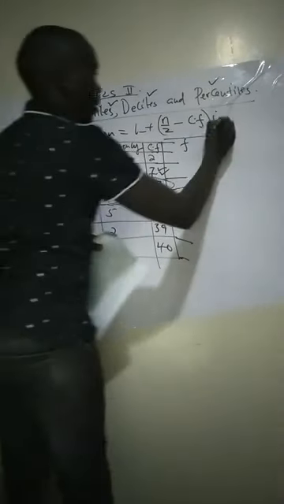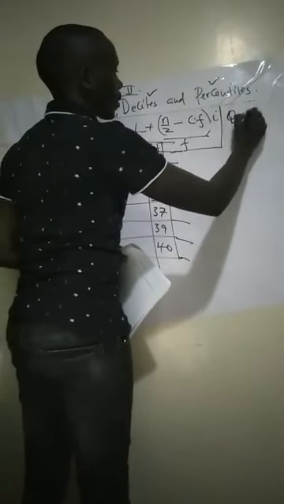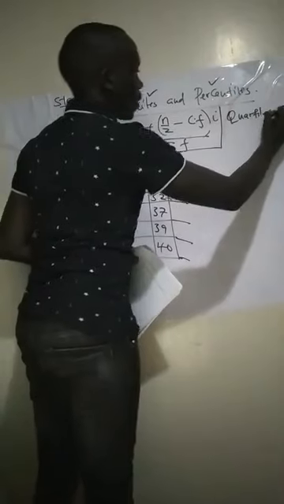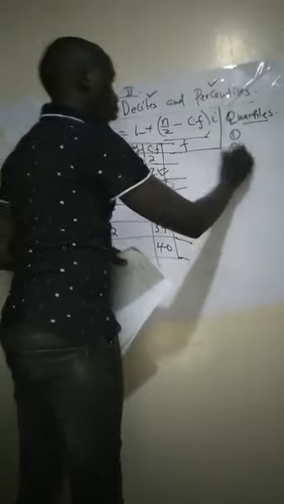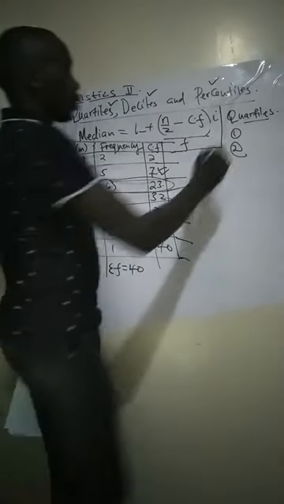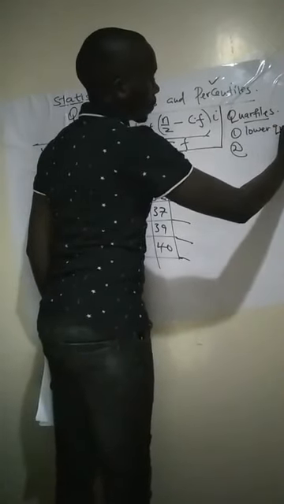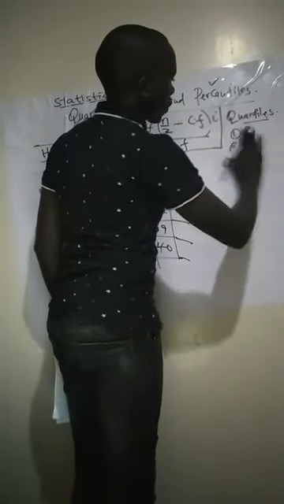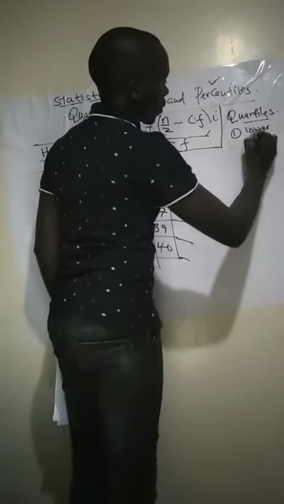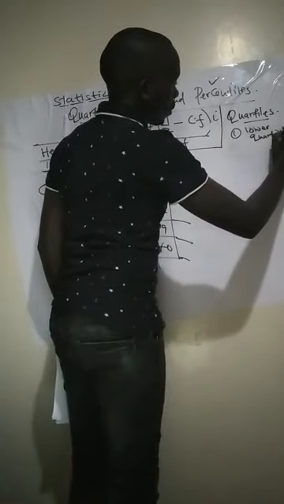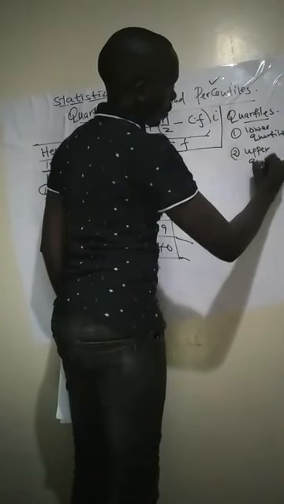However, maybe let me capture that. We have quartiles. So in quartiles, we are going to group them into two: number 1, the lower quartile, and number 2, the upper quartile.